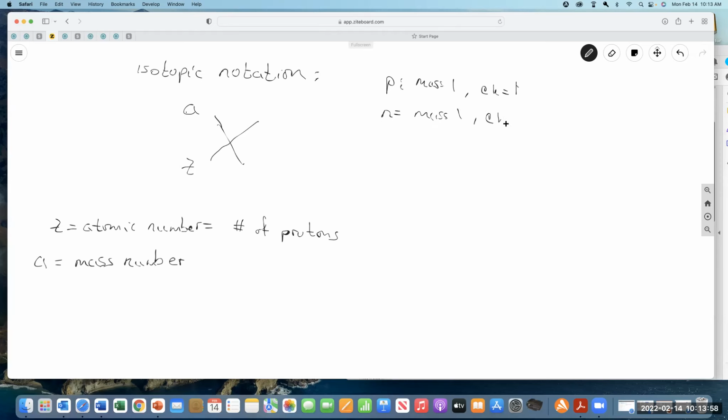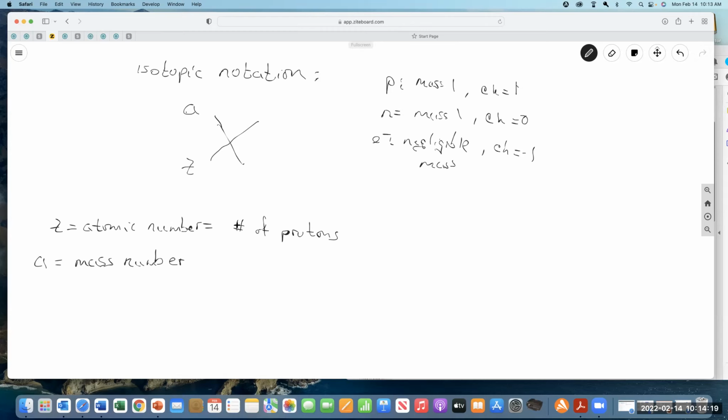I have protons at 1.67 times 10 raised to negative 28 kg. By the way, don't memorize that number. Just remember this here. I was putting that up there for reference.